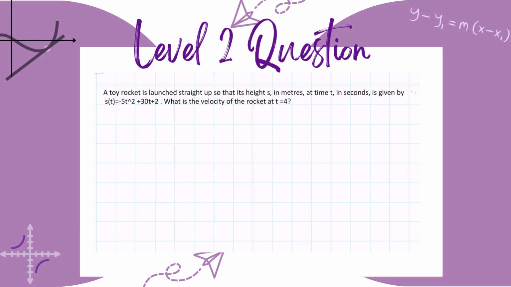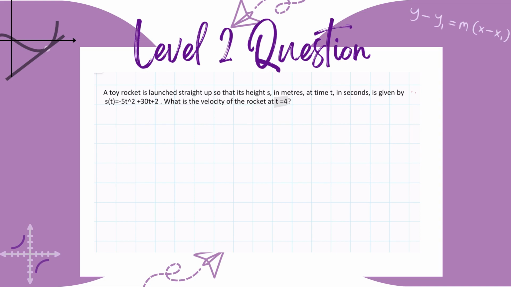Now, first thing that you guys should think about is the question, which says at t equals 4. Because there's only one point, you should automatically think about doing instantaneous rate of change and not average rate of change. Why? Because we're not looking for the rate of change between 2 points.